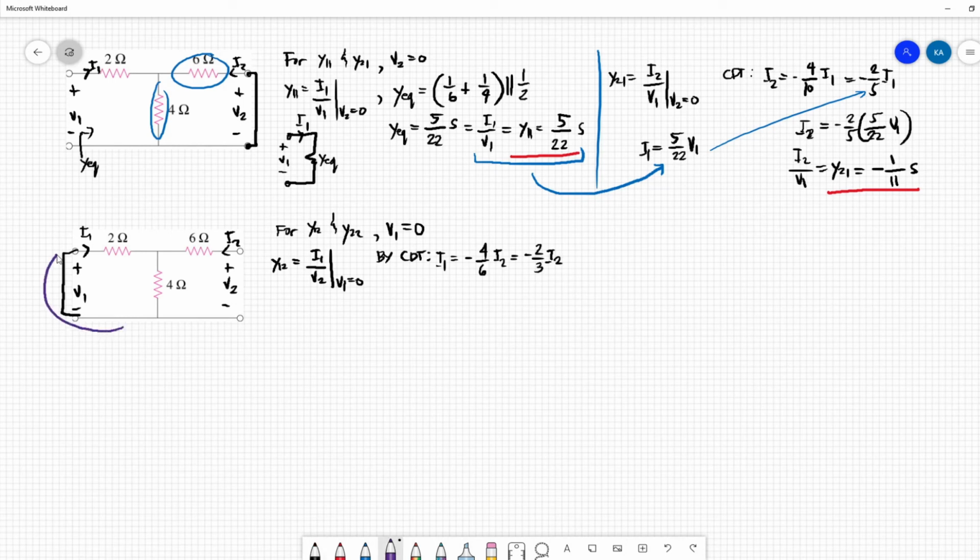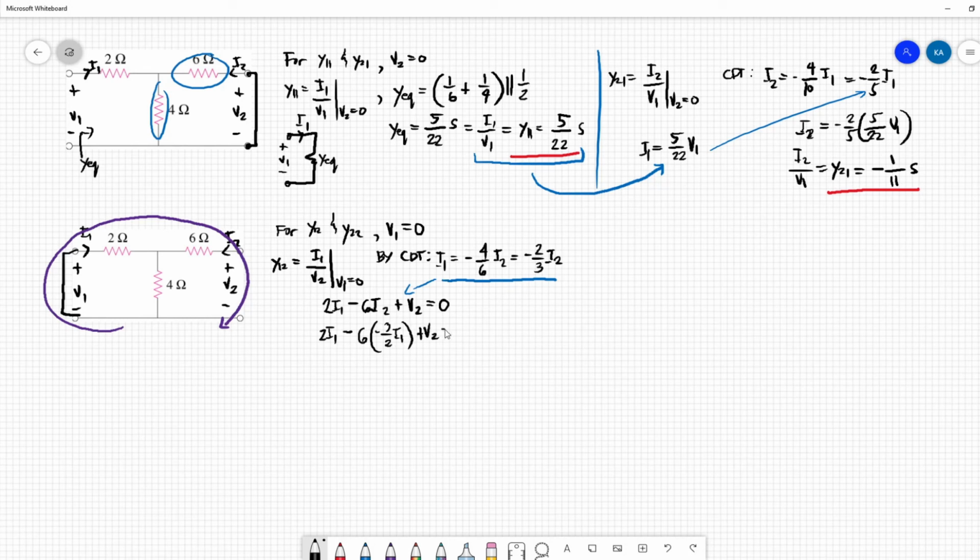Applying KVL at the outer loop, we have 2i1 minus 6i2 plus v2 equal to 0. Now substituting this equation, we have 2i1 minus 6 times, with i2 equivalent to negative 3 over 2 i1, plus v2 equals to 0.